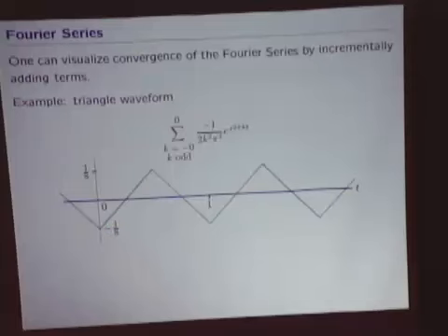This doesn't have any discontinuities, but it does have slope discontinuities. That's sort of the same thing, right? If you have a slope discontinuity and you're trying to represent the signal by a sum of signals, none of which have slope discontinuities, that's kind of the same kind of problem.